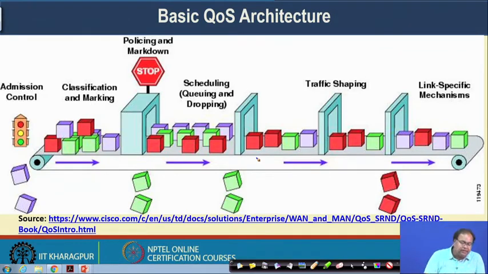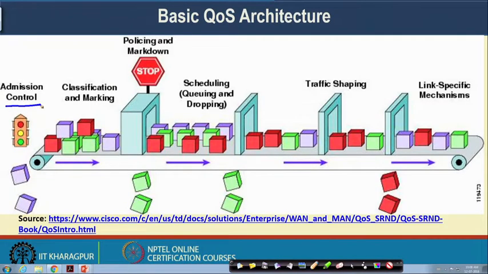So, the first thing is admission control. If you remember, when we discussed what our expectation from the network is to ensure quality of service, one expectation was to find out whether the network can accept more flows without violating the quality of service of the existing flows.